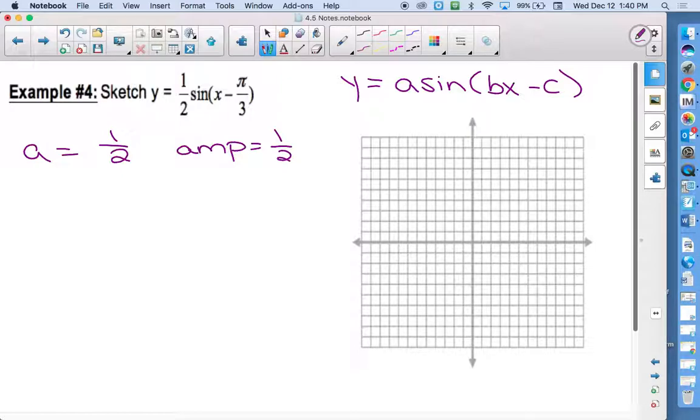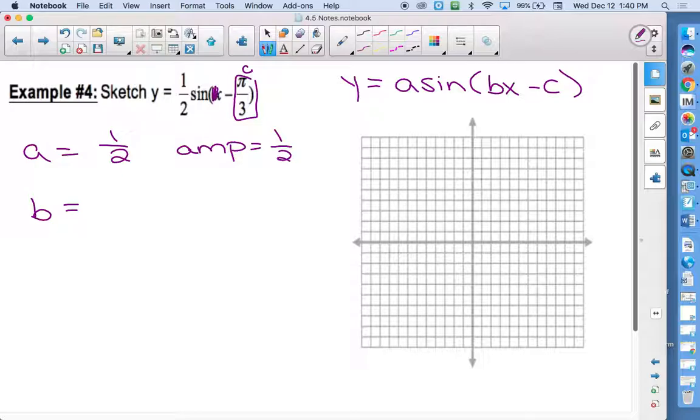Okay, working in alphabetical order. What number is b? Brandon? 3. Eris? Any other options? What number's with x? 1. So all of this represents c. The number in front of x, there's really a 1 there.